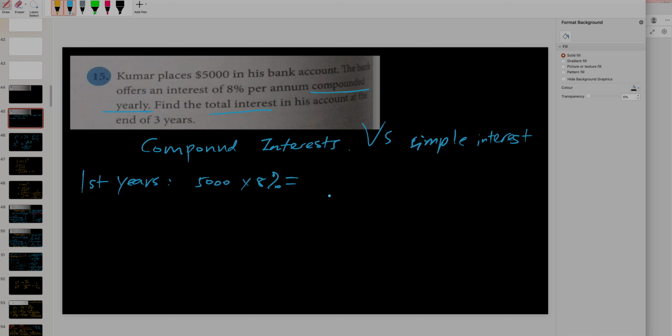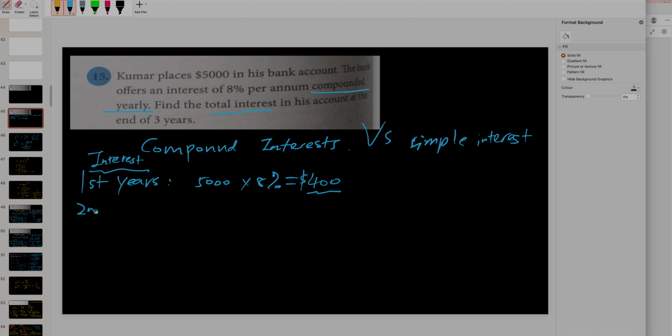So what's the answer? 400. So that means the first year interest is $400. Okay? So for the first year I just write down the interest here.